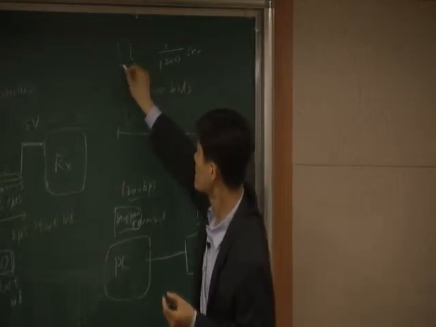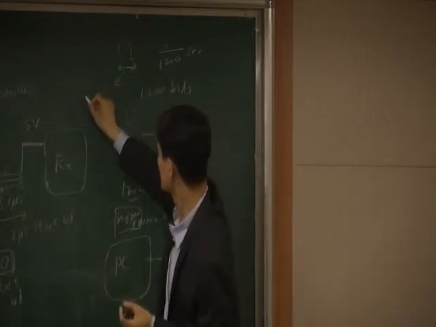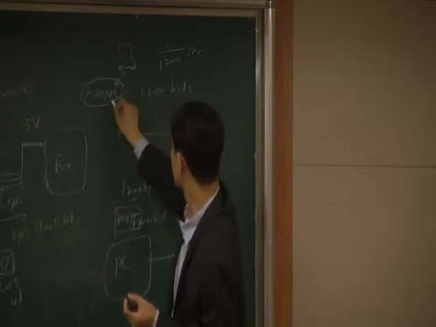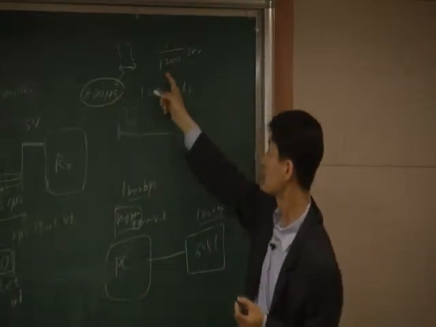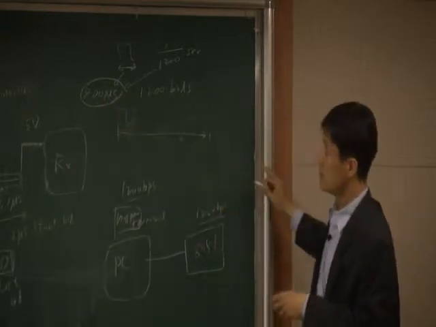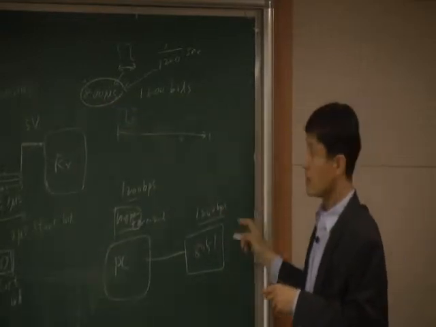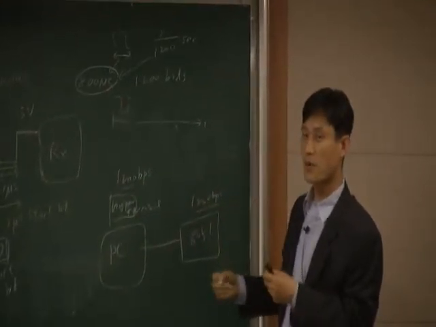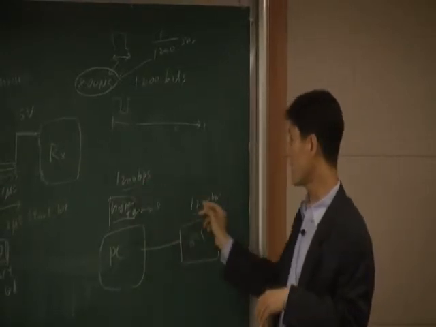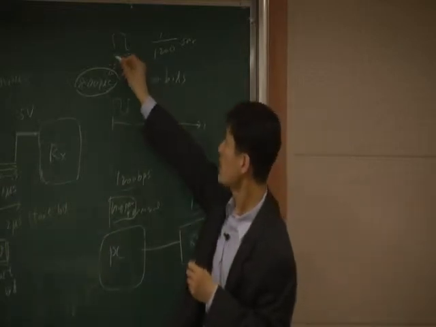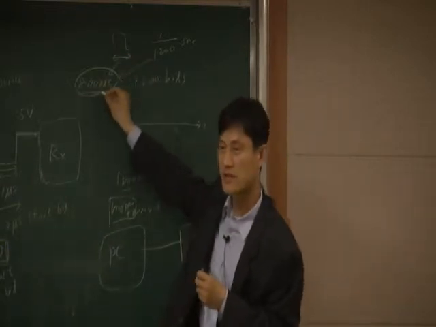So the 1 bit duration is almost like 800 microsecond. Since the transmit side and receive side both agreed to use the same speed like this, now what we know is that 1 bit duration is fixed to 800 microsecond.